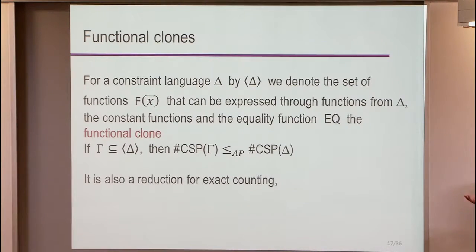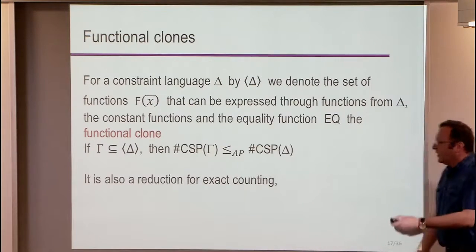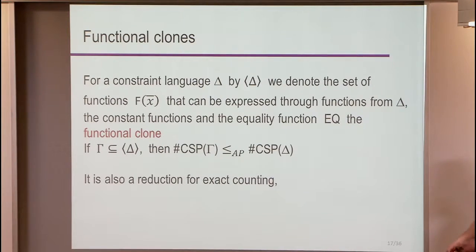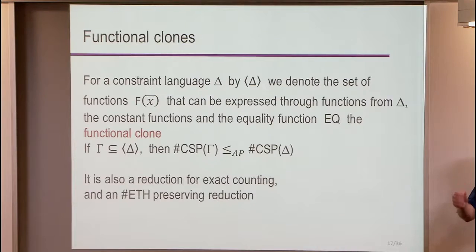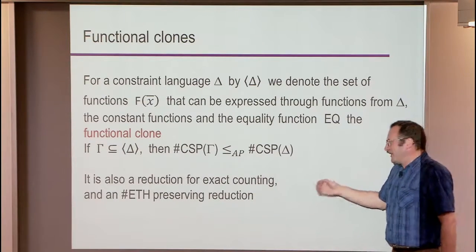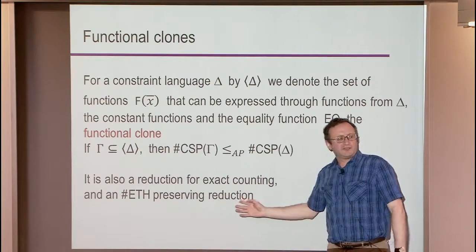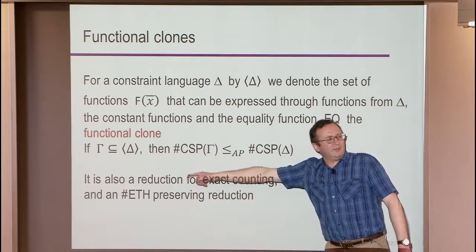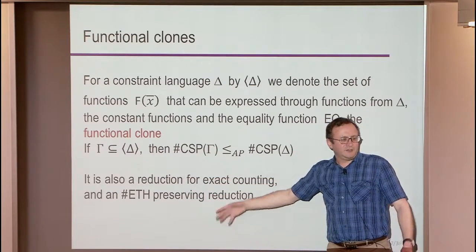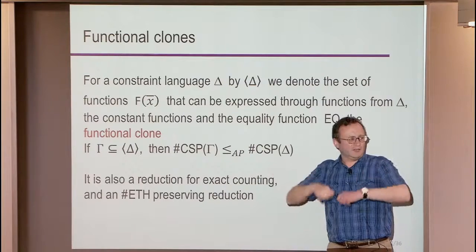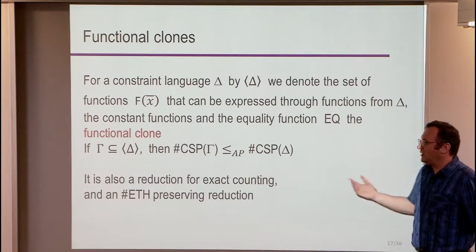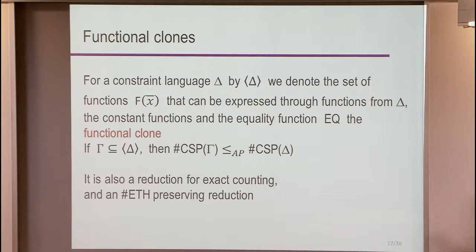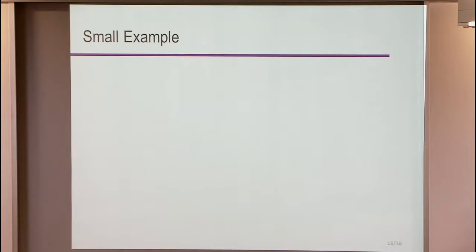Also not the best one for exact counting, but nevertheless. Well, if we think a little deeper about, say, all these easy exponential algorithms and so on, then it's also #ETH preserving reduction. It's because it's so simple, right? We just plug in gadgets. We don't really change anything. So it's a good one.